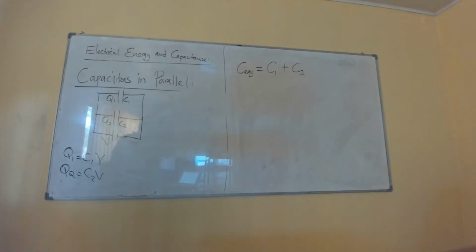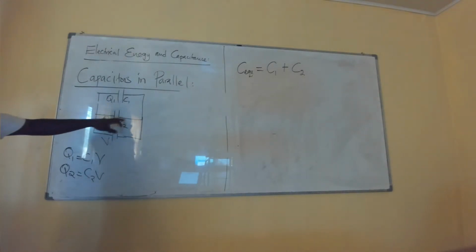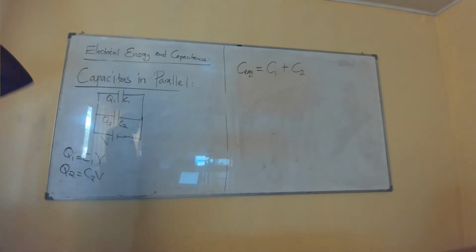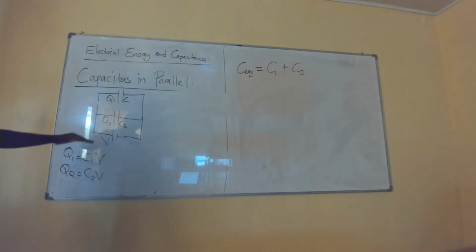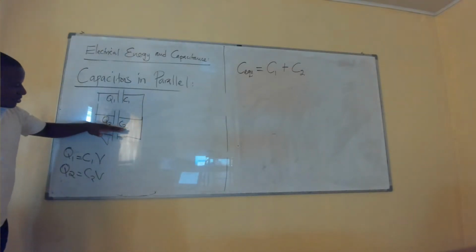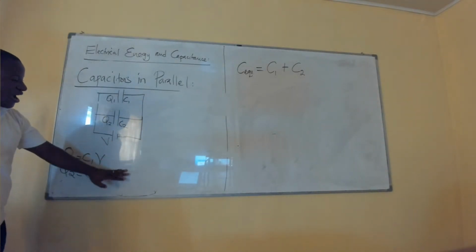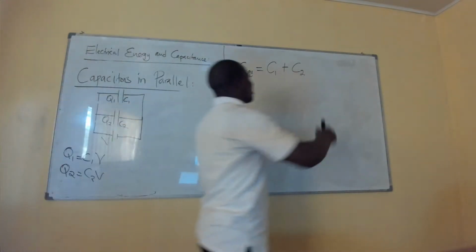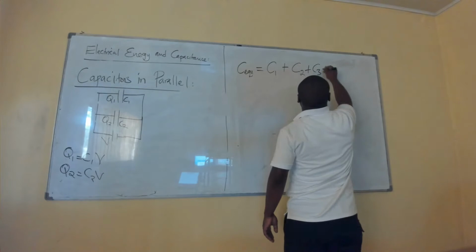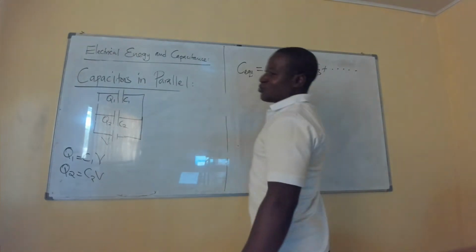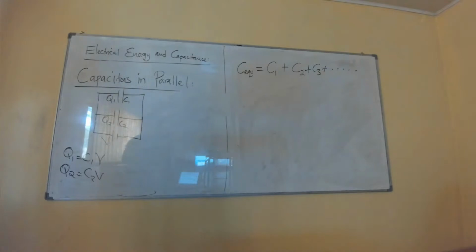If you've been asked to say your capacitors have been connected in parallel, let's say you have capacitor 1 and capacitor 2, how do you get the equivalent capacitance? This is what you do, as simple as it looks. So in an event that we had C3, C4, C5 going in that way, you just bring it here, C3 plus all the way up to the number of capacitors that you actually have in your circuit.